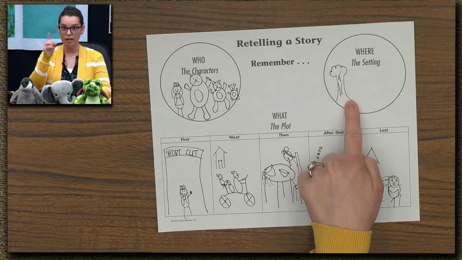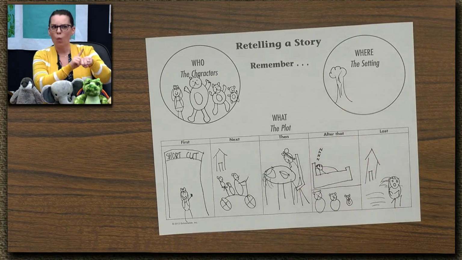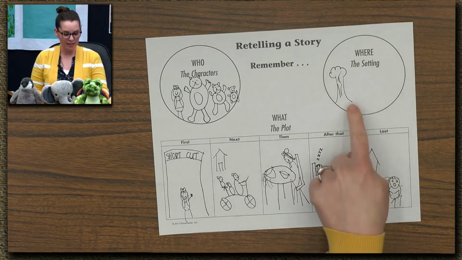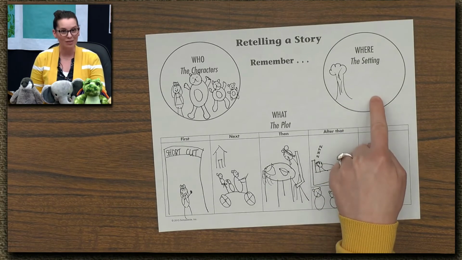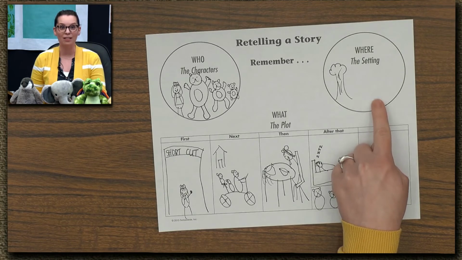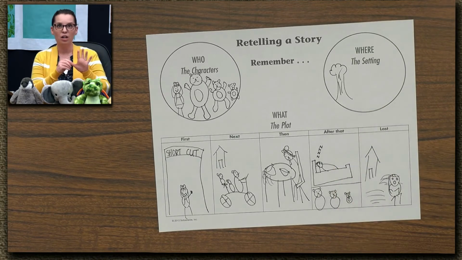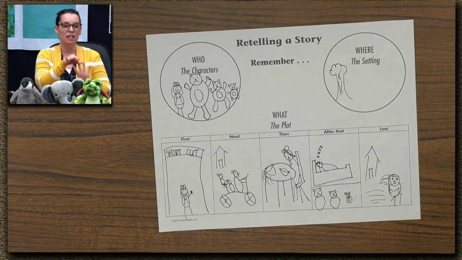Do this with me to remind yourself. Where and when. Now I see we have a tree here, but we did not include the bear's house. So I need to make sure that I add the bear's house to remind me where some of the story takes place.